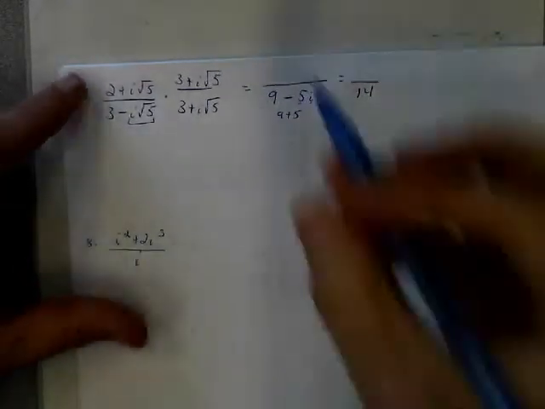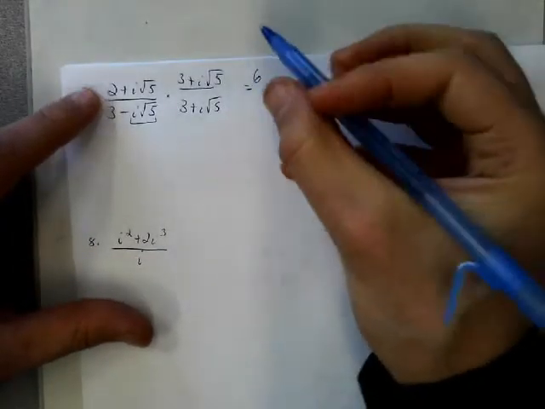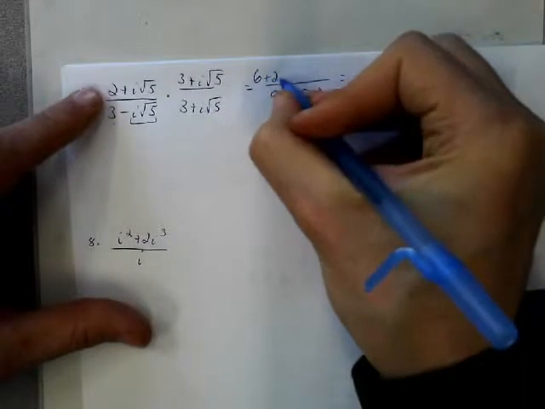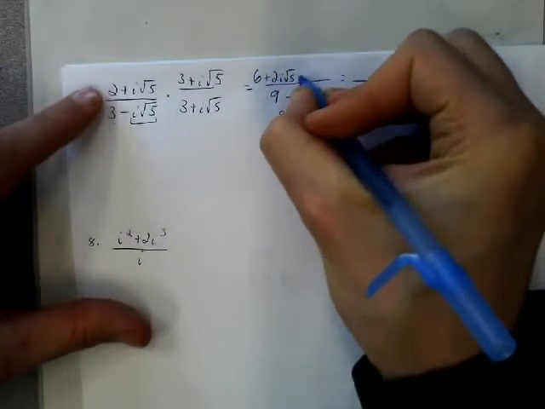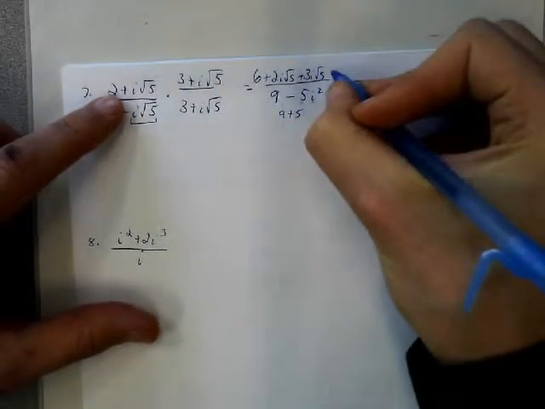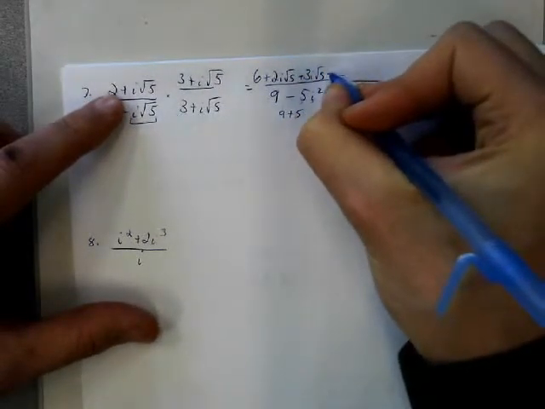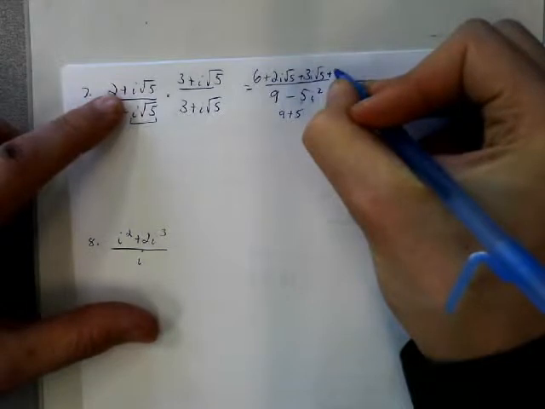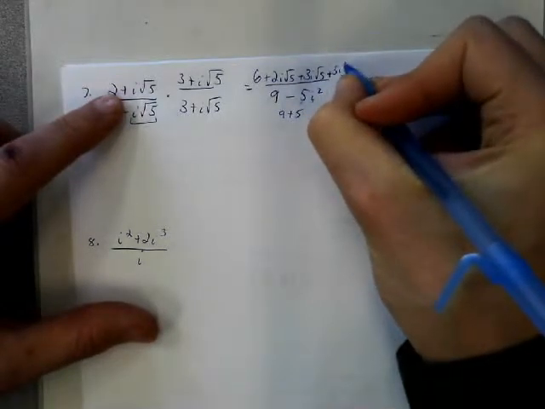On the top, 2 times 3 is 6, plus 2i root 5, plus 3i root 5, plus i squared times 5. So plus 5i squared.